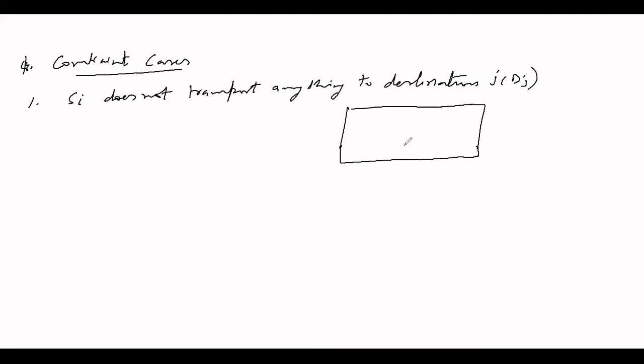Suppose this is a transportation problem with two sources and three destinations: source 1, source 2, destination 1, destination 2, destination 3. And suppose I have given some costs 3, 4, 9, 1, 7, 2. Say this is the amount available, I have 10, 20, and this is the requirement.